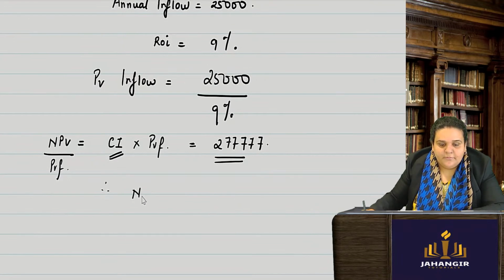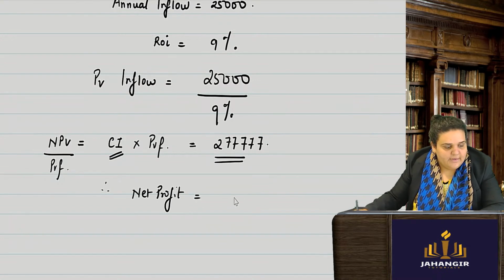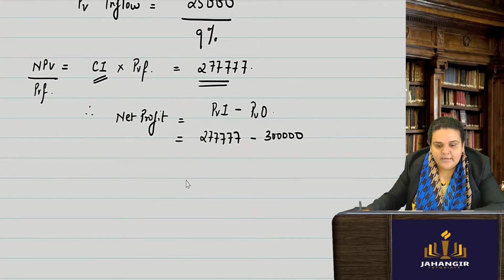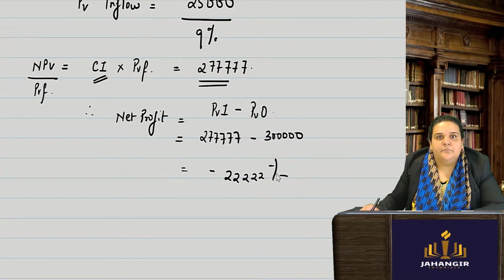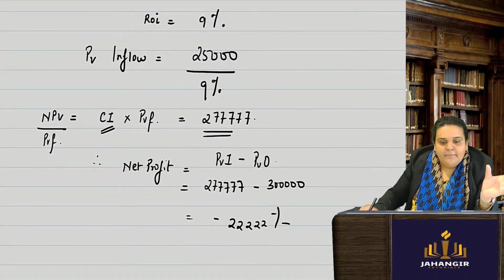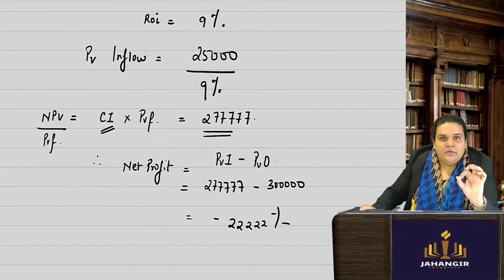Now net present value or net profit value will be PV inflow minus PV outflow. Inflow I have found out 2,77,777. My outflow is rupees 3 lakhs. So I am getting a negative 22,222 rupees. Here I have to divide, see, it is given to me as annual now.